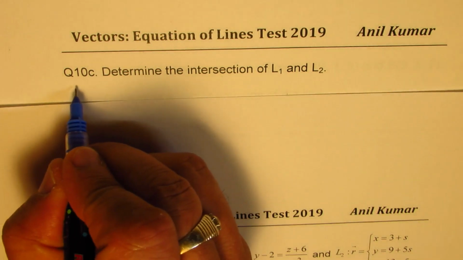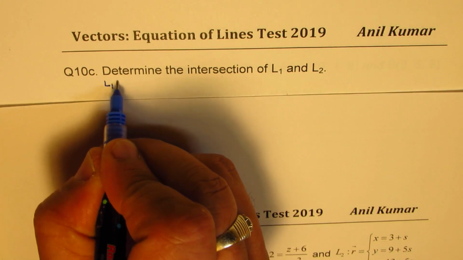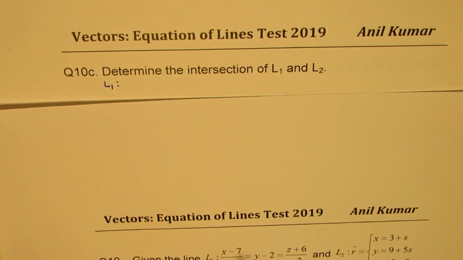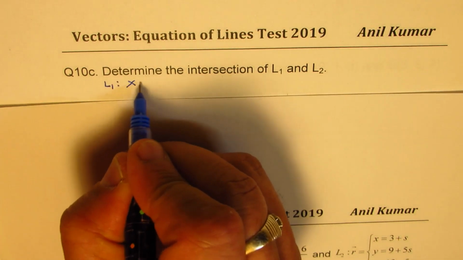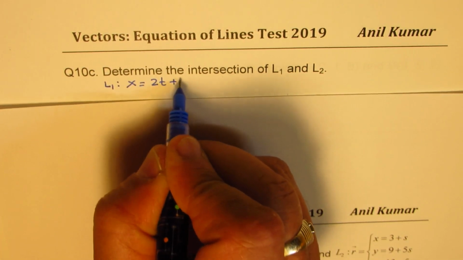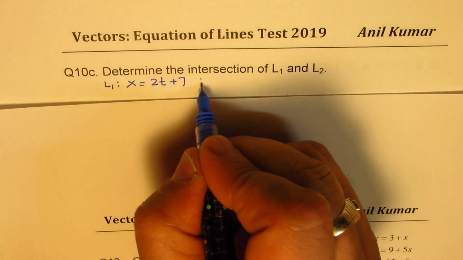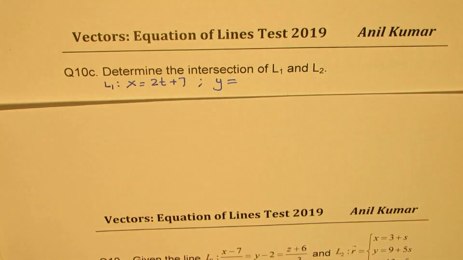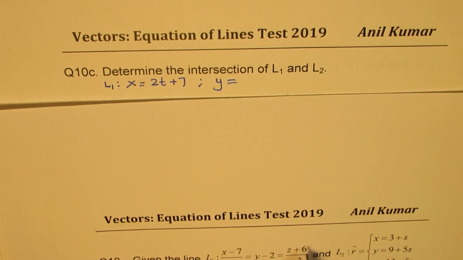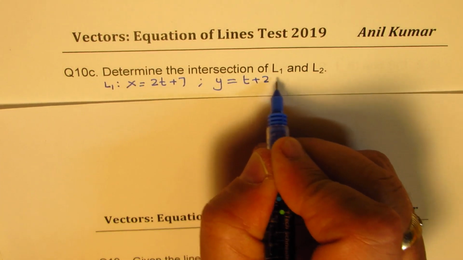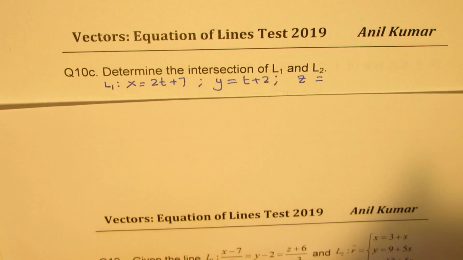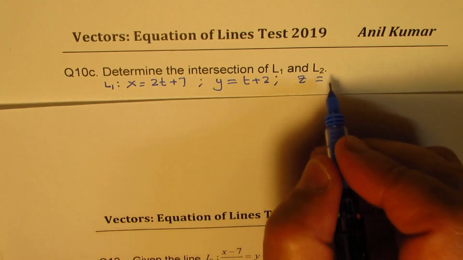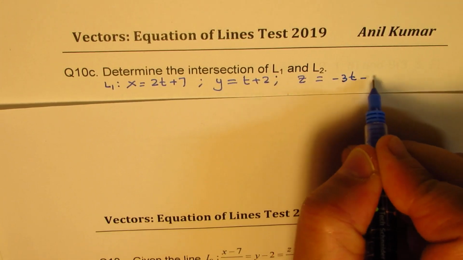So we can write line 1 as x equals 2t plus 7. Writing this as equal to t, y equals t plus 2, and z equals minus 3t minus 6.